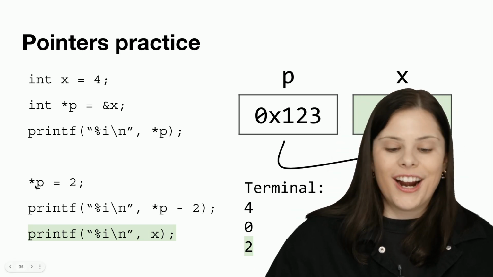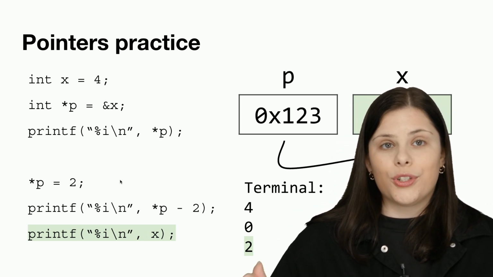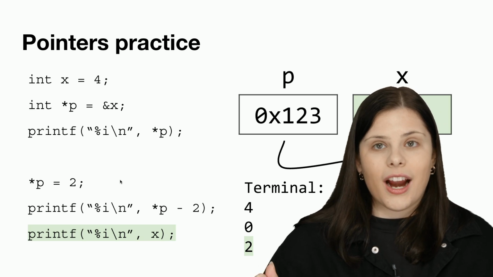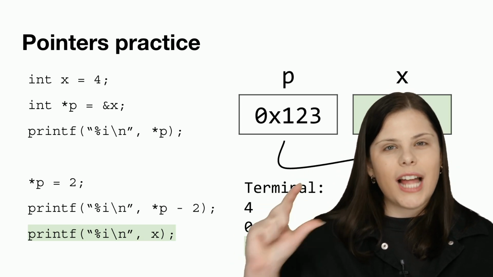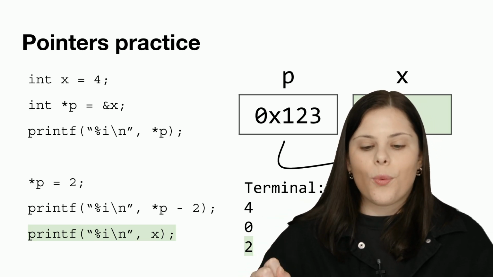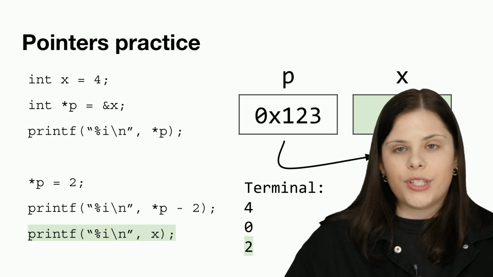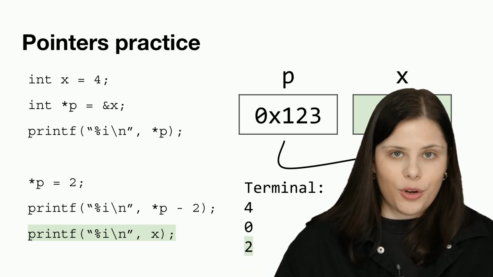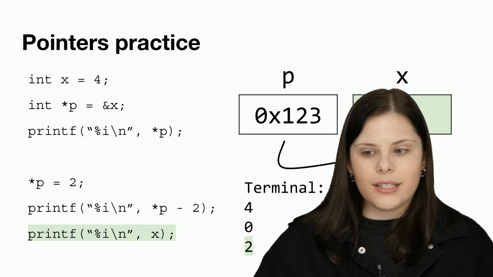Well, in this case we are, but on the fourth line, where we're using star p equals 2, is where we're changing the value of x, and now it is 2. And then on those last two printf lines, we are just printing out different things, just for practice, to see what we'll actually see in the terminal compared to what is actually stored in those variable cells.